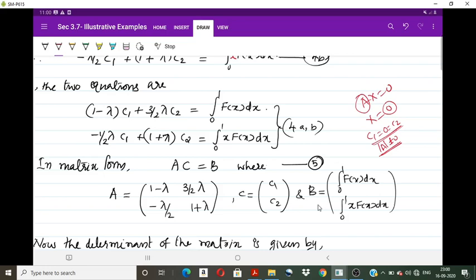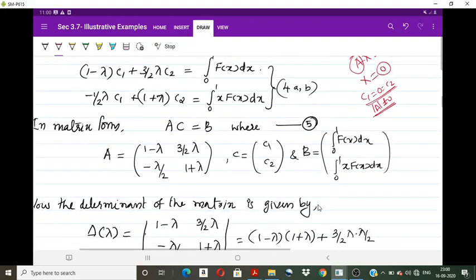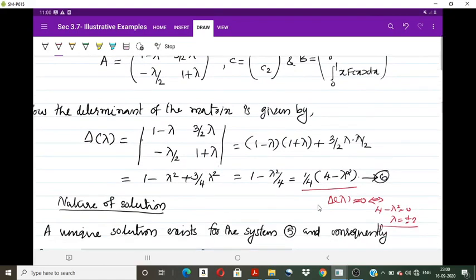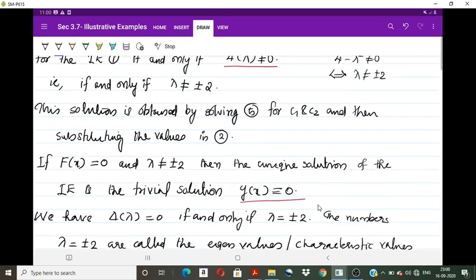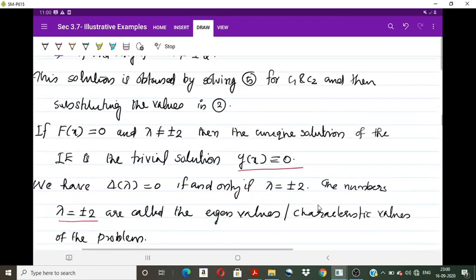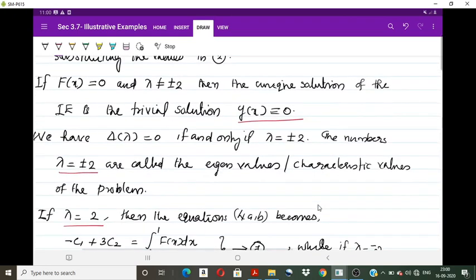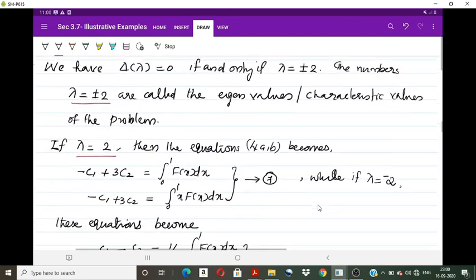So the left side of both equations in 4 will be the same, and the right side is integral 0 to 1 f of x dx for one equation, and for the second one it is integral 0 to 1 x into f of x dx.